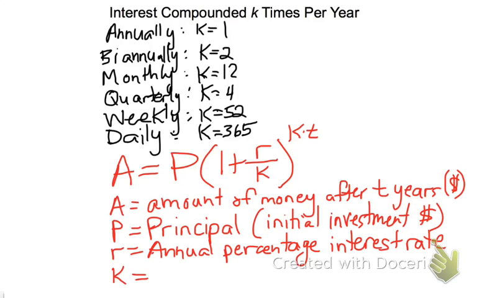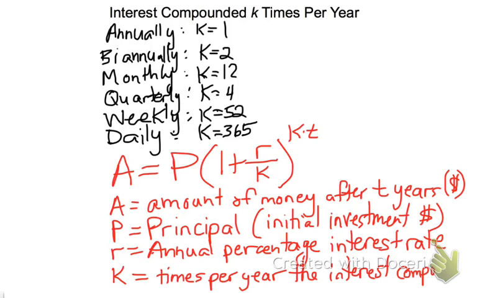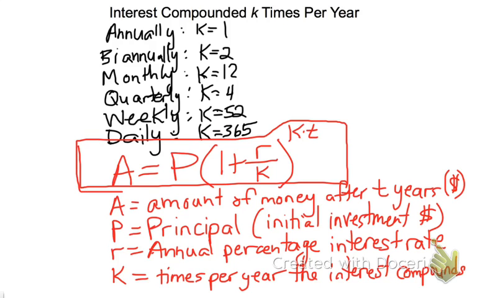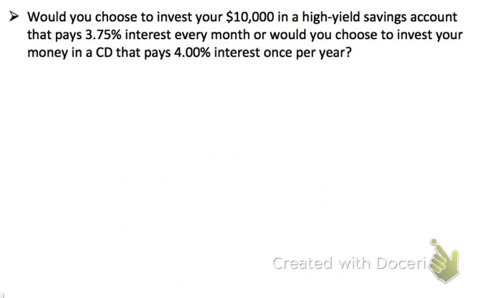And K, as we've already talked about, is the number of times per year the interest compounds. So that's our formula for the amount of money where your interest is compounding k times per year. We're going to think about that formula when we go back to our previous example and try to compare which of the two investments is a better option.